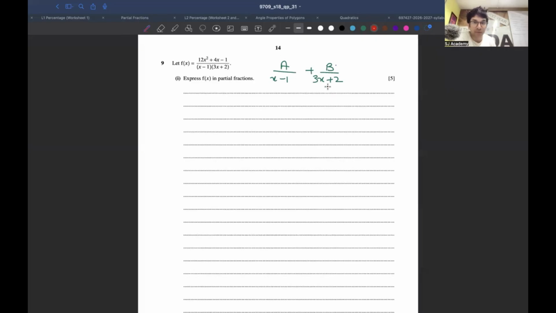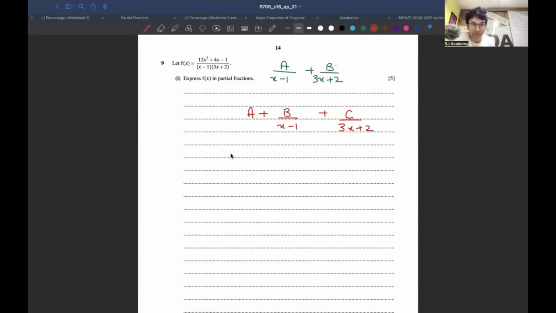That is because if we take the LCM, we multiply a by 3x plus 2 and b by x minus 1, we will not get a squared term in the numerator. So if the powers are equal, this is called an improper fraction. We'll write the partial fraction as a constant a, plus b upon x minus 1 plus c upon 3x plus 2.